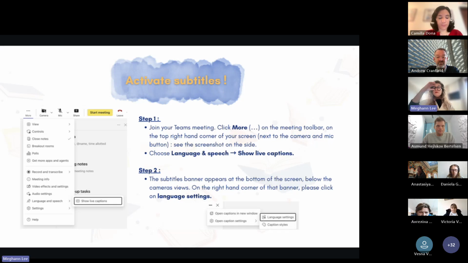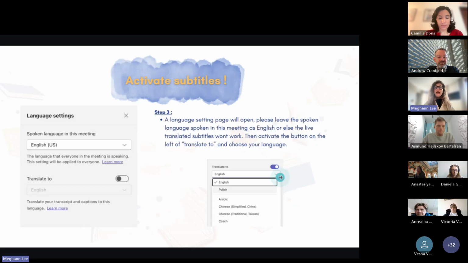Step 2, the subtitles banner will appear at the bottom of the screen below the camera view. On the right-hand corner of that banner, please click on Language Settings, and from there, a new pop-up will appear, and it will ask you which language you would like the webinar to be translated into. Please do not change the language at the top of the screen that says the language that we are speaking in, which we will keep as English. If you need any assistance, please use the Q&A or the chat to let us know.